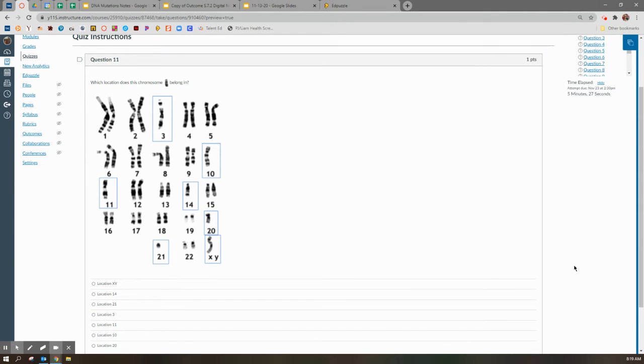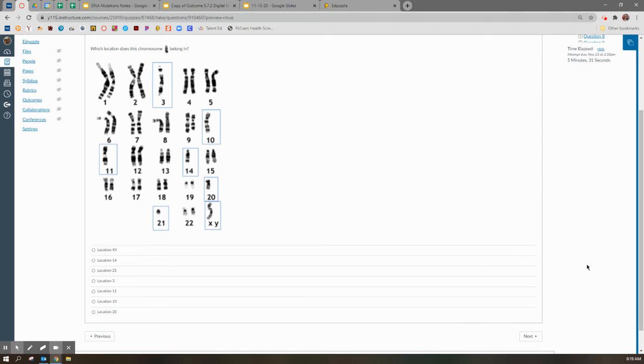Question 11. Which location does this chromosome belong in? Is it location XY, location 14, location 21, location 3, location 11, location 10, or location 20?